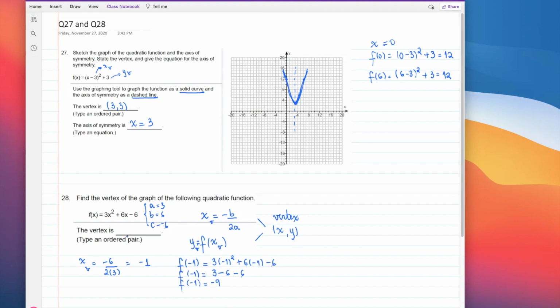And then I have to write it as an ordered pair. So this represents your y of the vertex, the value of the function when x is negative 1. So then the vertex is (negative 1, negative 9).